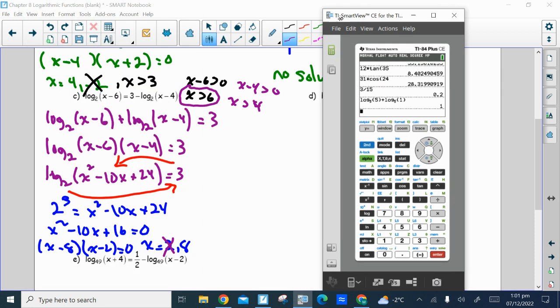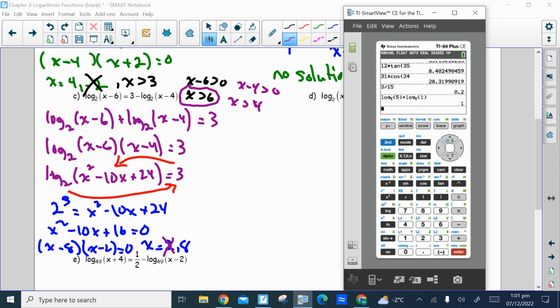Let's check this on our graphing calculator. So the left side is log base 2 of x minus 6. We can put this into our calculator using the log function. You can use that in y1. So log base 2 of x minus 6.